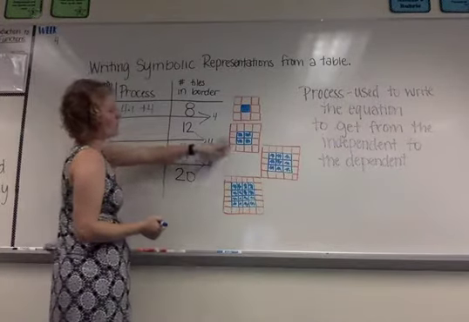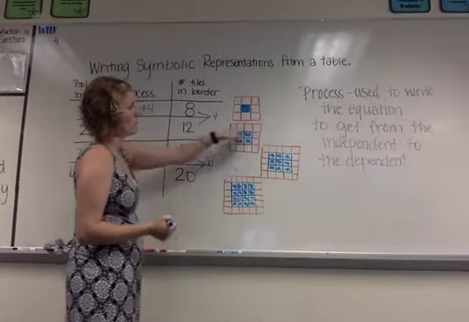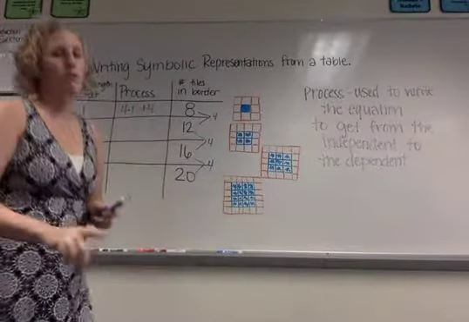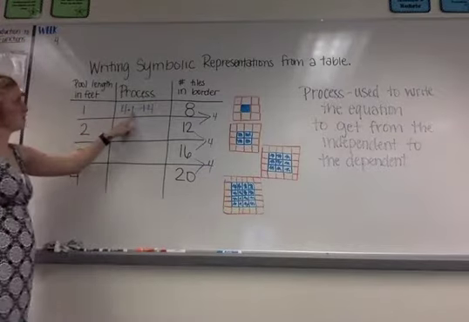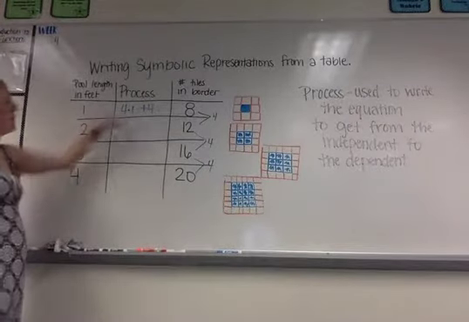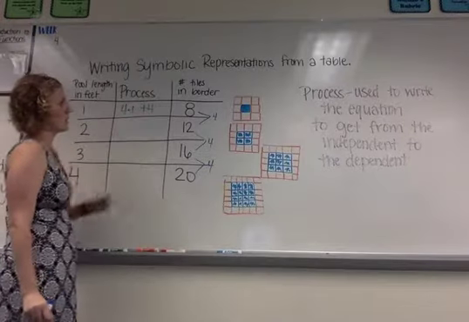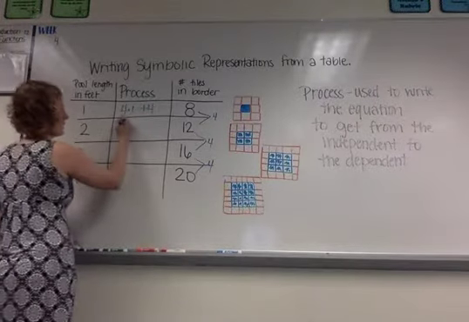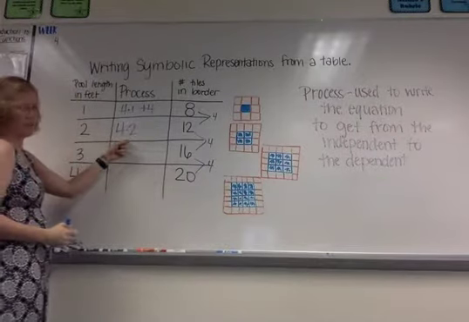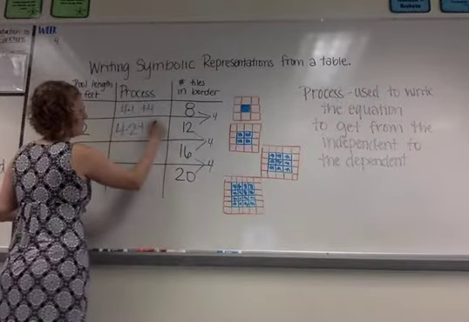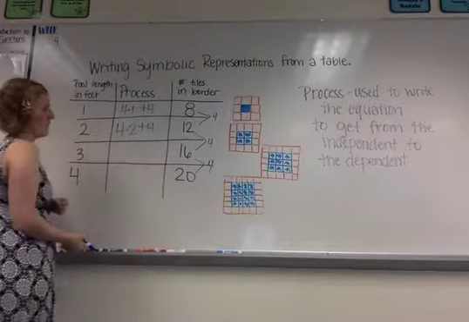Remember, a minute ago I said it's 4 times whatever your length is, plus the 4 corners. So 4 times whatever the length of my pool is, plus the 4 corners will give me 8. Let's check it on the next one. 4 times 2 is 8, plus 4. 8 plus 4 is 12.